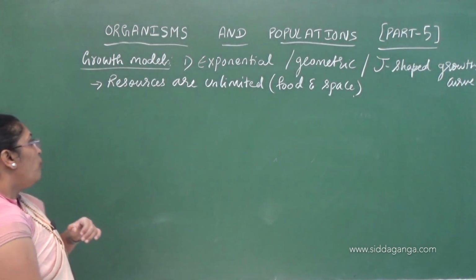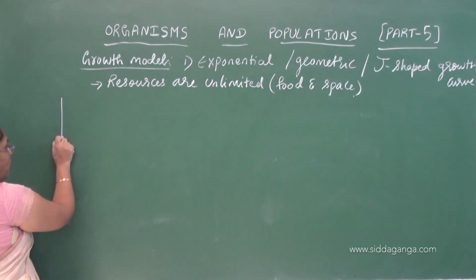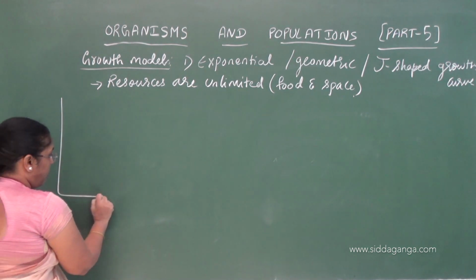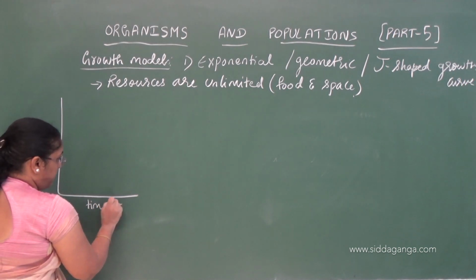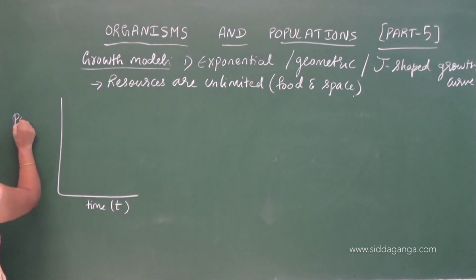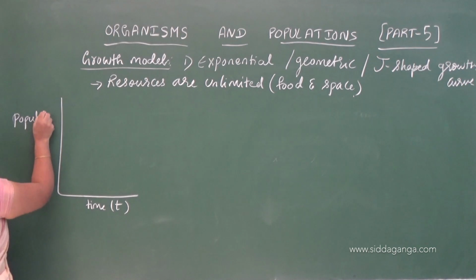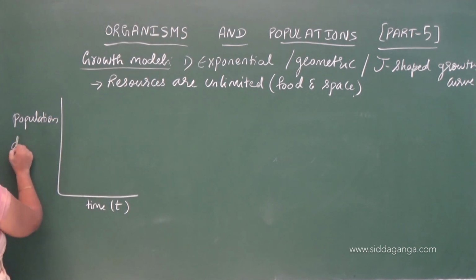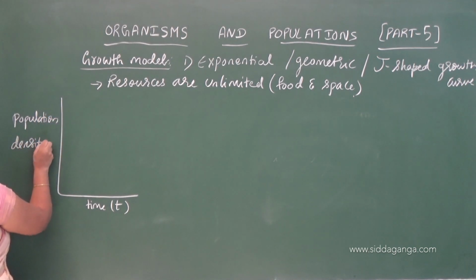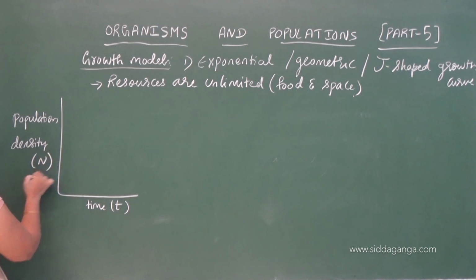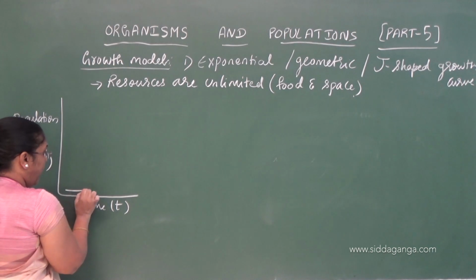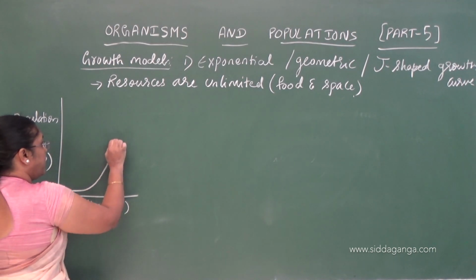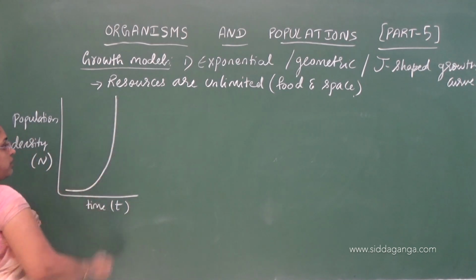Like this, when we plot growth against time t, with population density denoted by N, we see initially a lag phase, then an increase in the population.